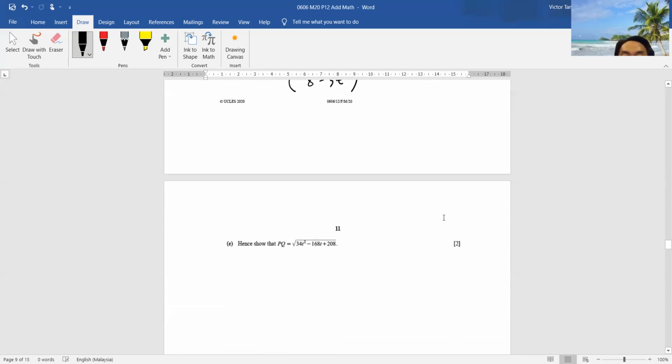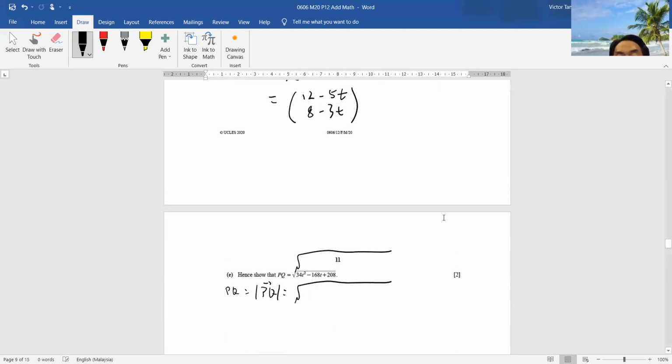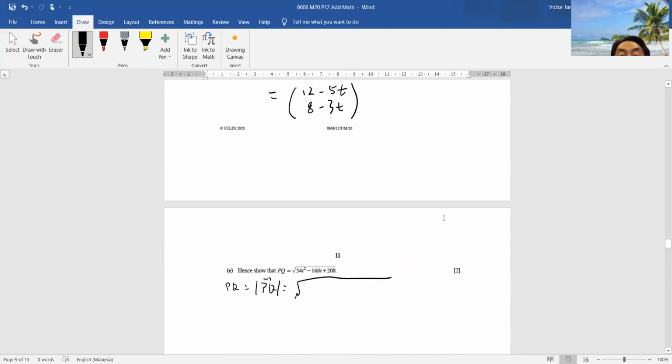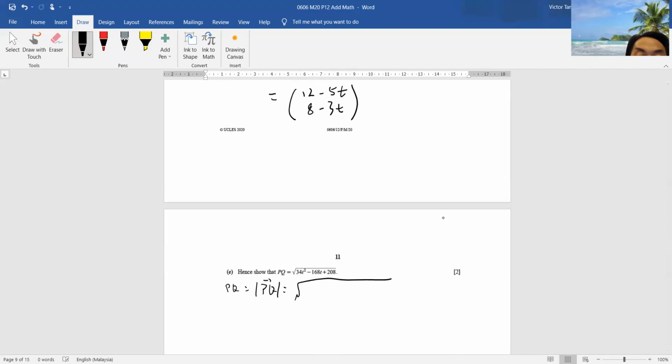And show that PQ squared is equal to 34t squared minus 168t plus 208. So PQ means the length of PQ, which is basically the magnitude of the vector PQ. It should be the square root of (12 minus 5t) squared plus (8 minus 3t) squared. I like this type of question whereby, if you get the answer correct, that means all the while your answers before this would be right.